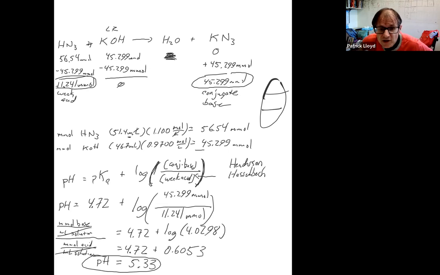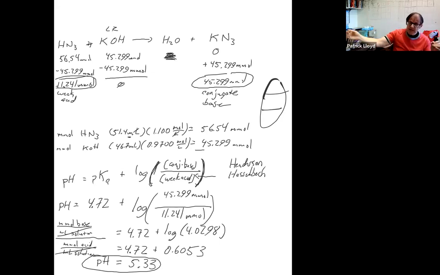Notice how different this works out. In the previous example, if you watched that video, we had excess strong base that dominated the pH. But here we had excess weak acid.